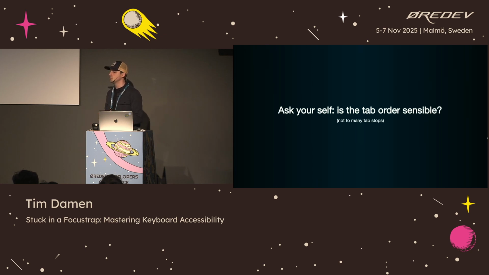When implementing a good keyboard navigation strategy, you should ask yourself the question, sometimes when doing the development or designing of the web page: is the tab order sensible? And for example, are there not too many tab stops? Well, there's one WCAG success criterion that's about this as well.